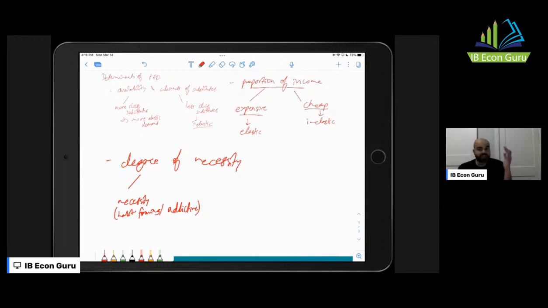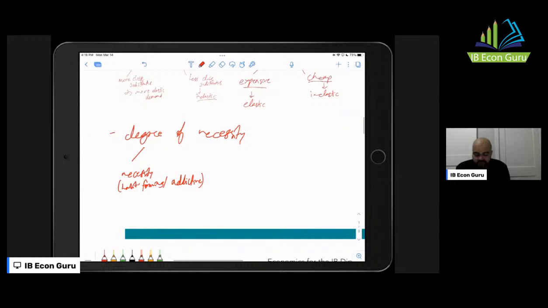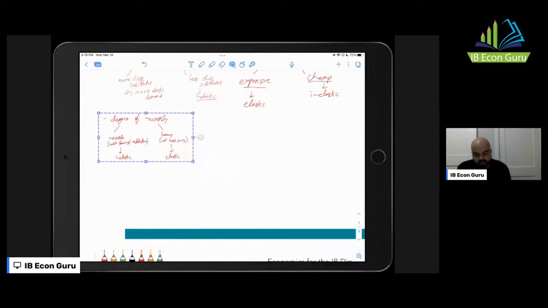I'm not encouraging you to smoke, but I'm saying that for an addicted smoker, cigarettes are, from their perspective, a necessity. Their demand will be very inelastic, not very responsive to changes in price. While if the product is a luxury, not habit forming, not addictive, on the other hand, demand will be relatively more elastic. Okay, so the degree of necessity is another determinant of PED.